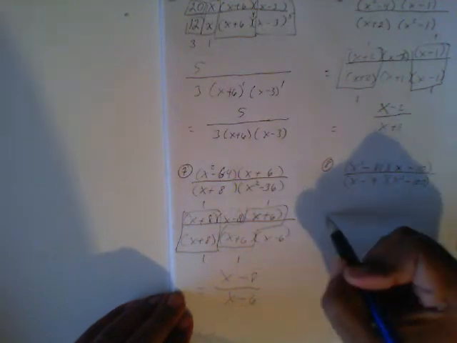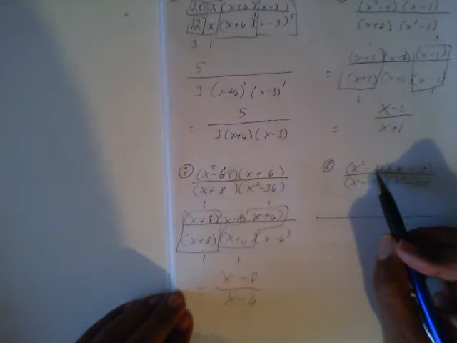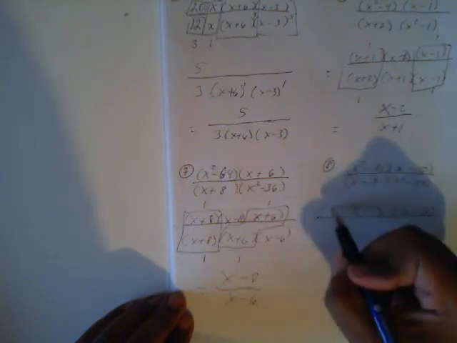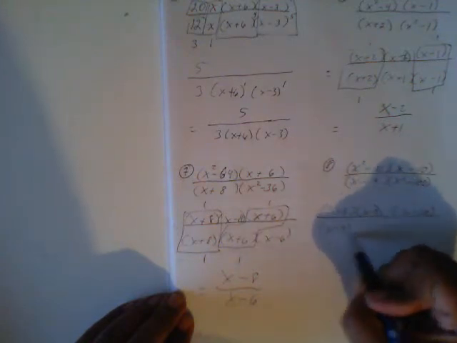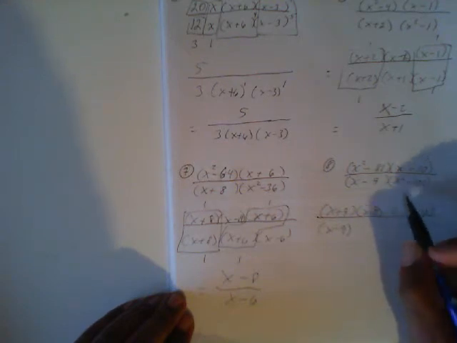Okay, number 8. We have a difference of two squares, the x squared minus 81. That'll factor into two binomials, and the x minus 10. The x squared minus 81 will factor into x plus 9 times x minus 9. In the denominator, we have an x minus 9, and we have an x squared minus 100, which is also the difference of two squares.